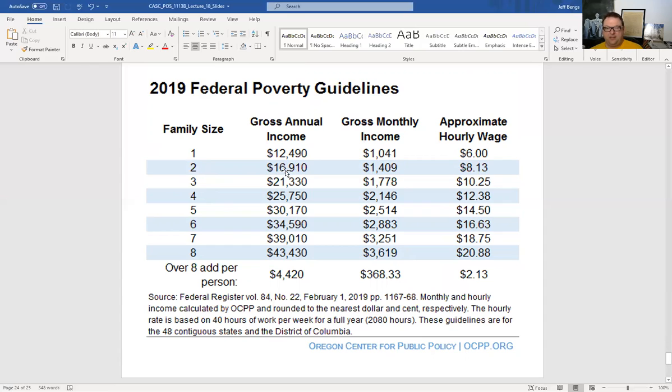And by the end of the year, if they had made basically less than $17,000, they were considered in the lower class income level, poor, which equals about $1,400 a month to live on. And that averages to about making $8.13 an hour.